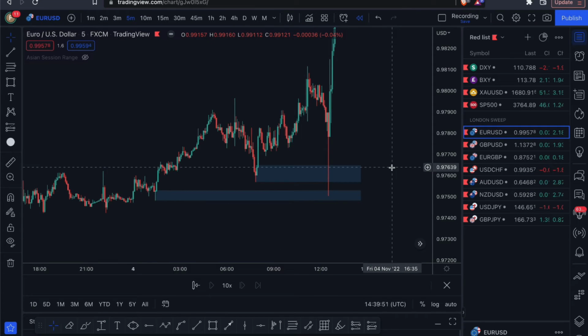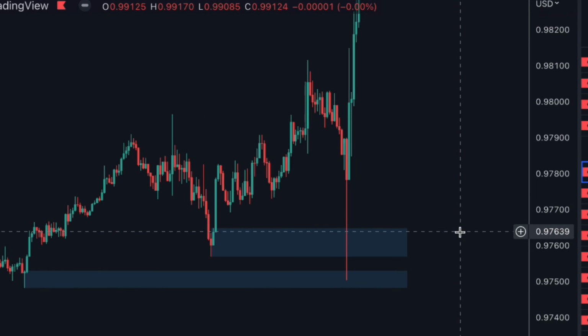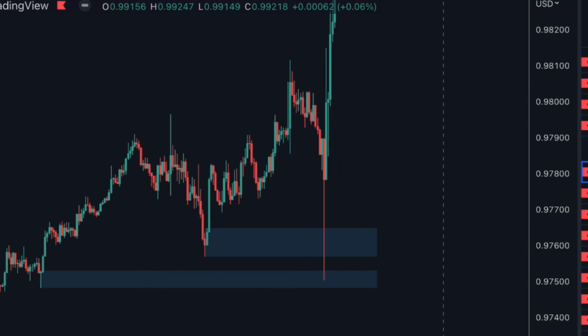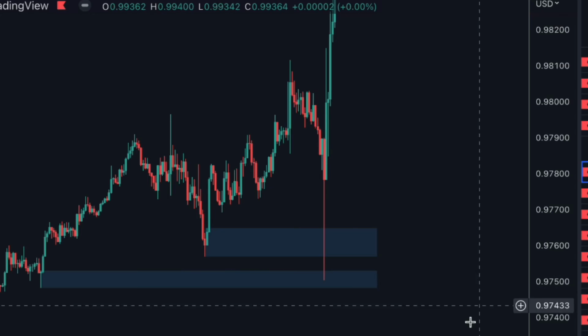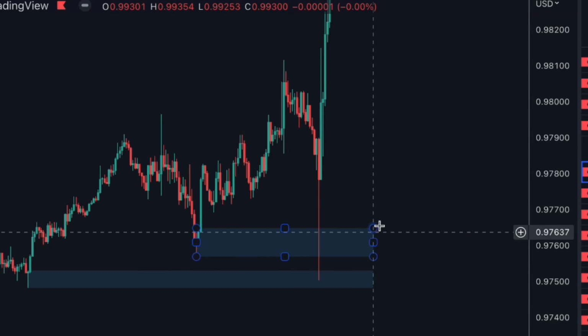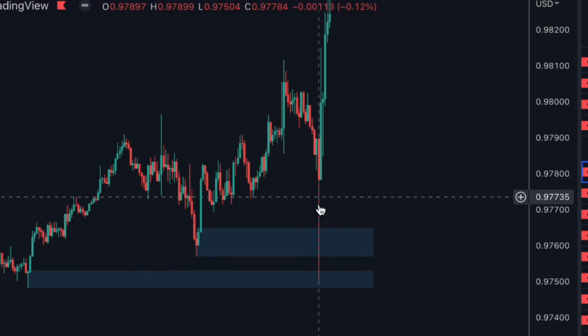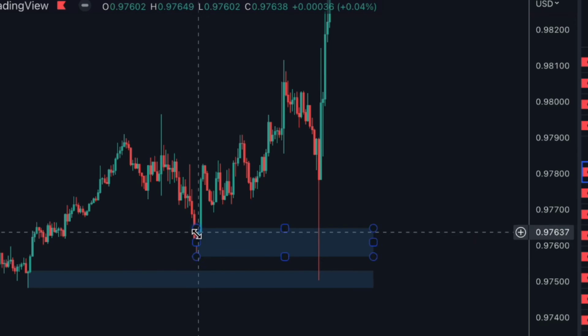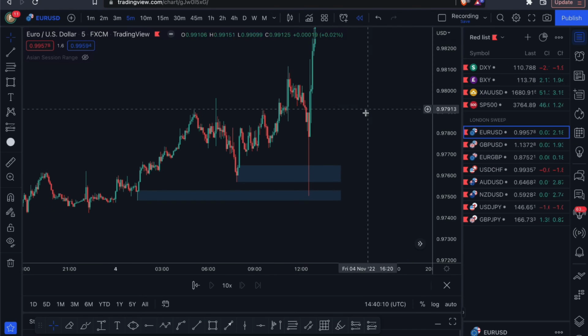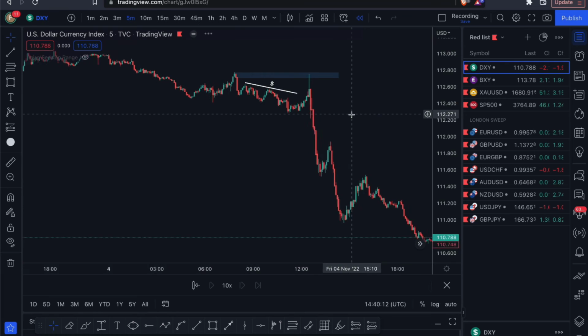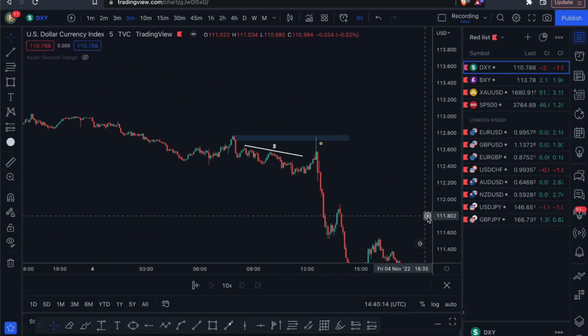So for example, obviously I can't really show you this in terms of price replay or during live market conditions because of logistical issues and stuff. But what I do want to say is that if we notice that in this move here, price would have arrived at this zone far quicker and before DXY would have arrived at this area here.